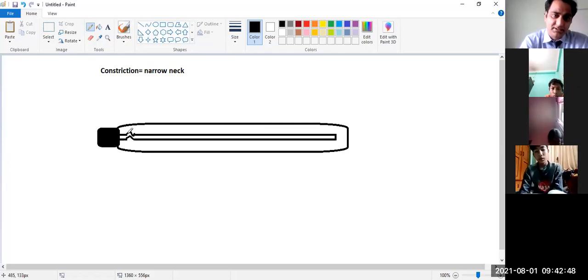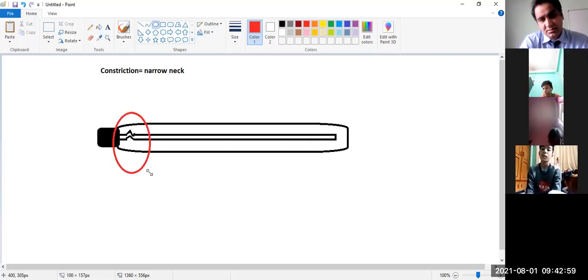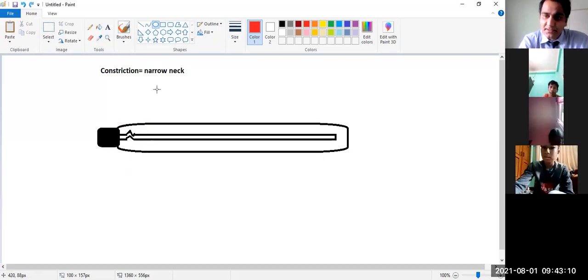This is important. Here is the narrow constriction. Have you seen it? There is a very narrow constriction, twisted capillary. It has a significant role in the functioning of the thermometer while measuring the temperature.